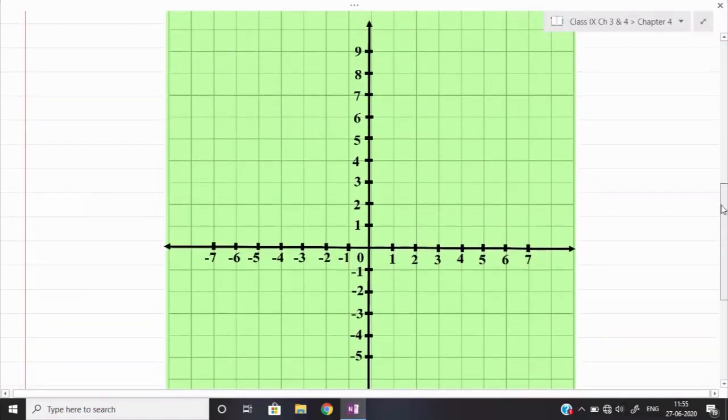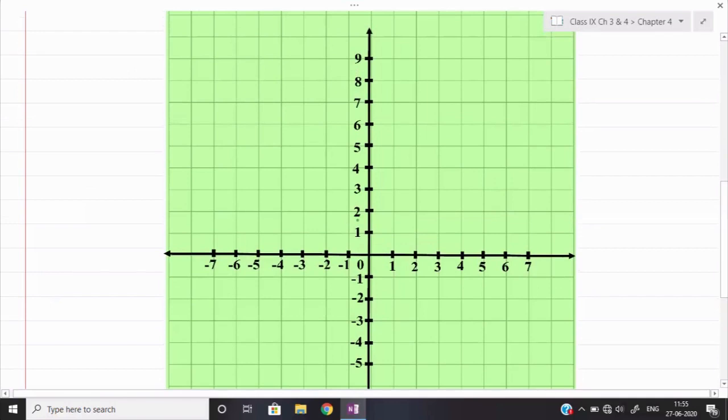So this is my x-axis, and this is my y-axis. Now x equal to 0 will lie at the origin, and y is equal to minus 2. So I will go in the downward direction, and here I will mark my first point. This is point A, whose coordinate will be 0 comma minus 2.